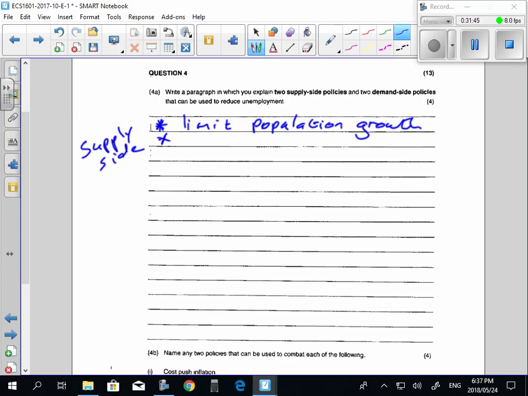You can control immigration, so you prevent people from coming into the country. You can improve education.